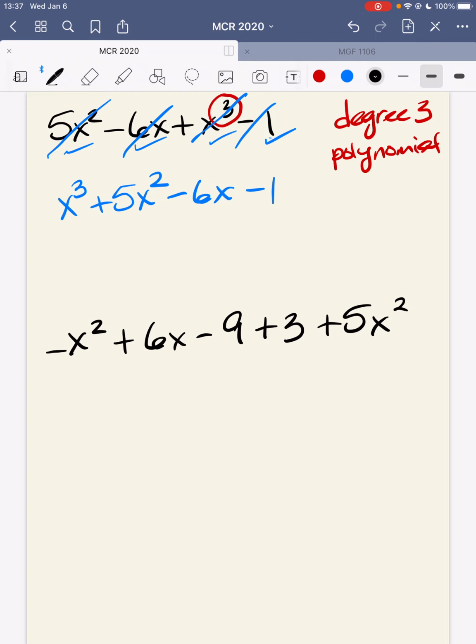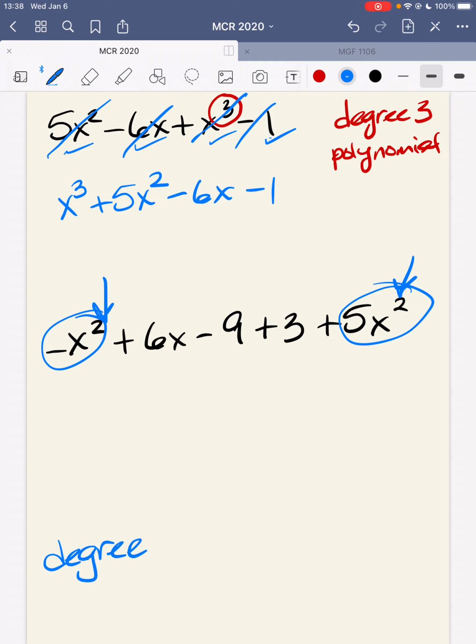Okay, so I do have some terms I can combine. I have a negative x squared and a 5x squared. Those also happen to be my 2 highest exponents. And so my degree is 2. So I need to go ahead and combine those.